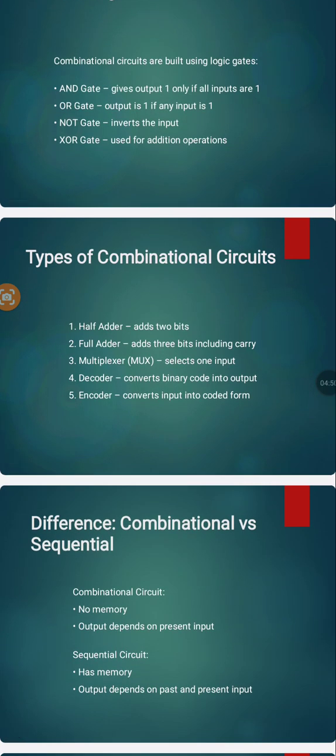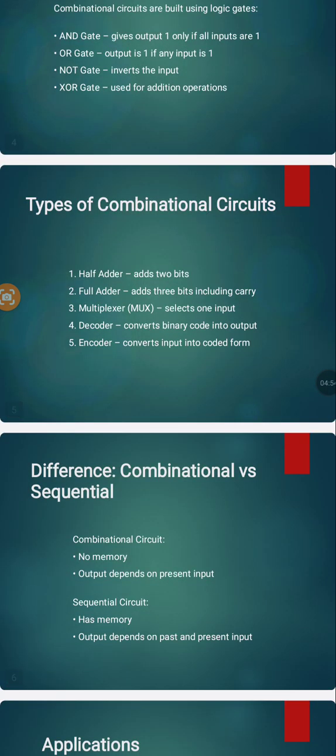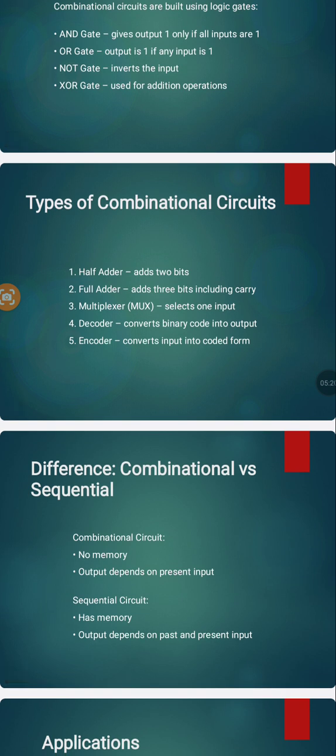There are different types of combinational circuits. For example, a half adder is used to add two binary digits, and a full adder can add three bits including the carry input.